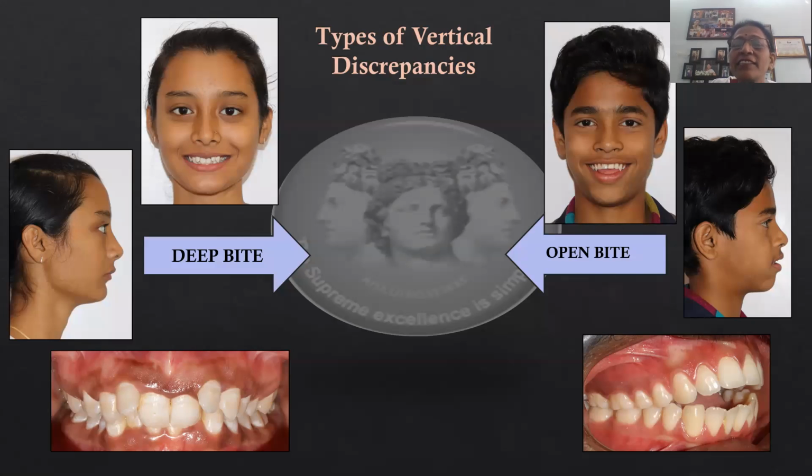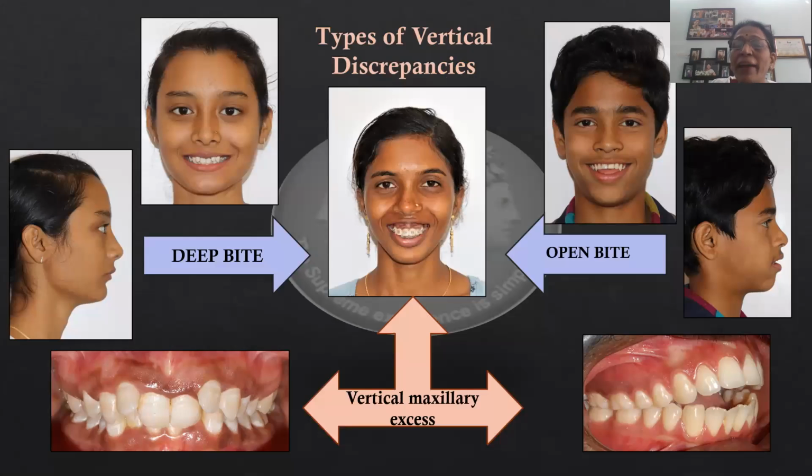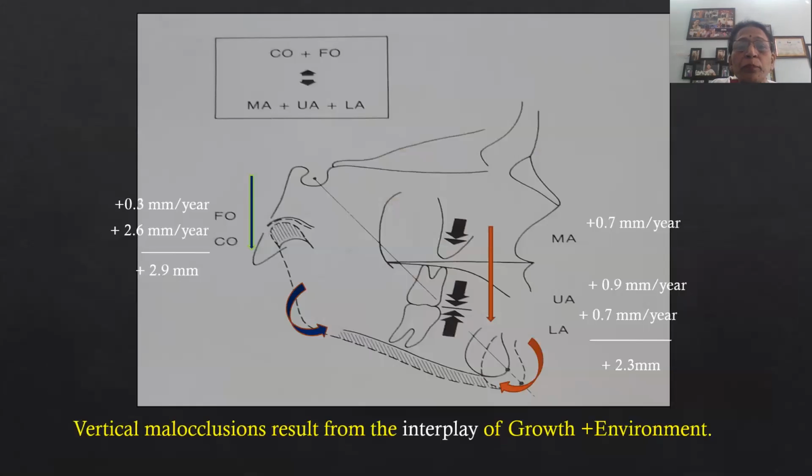When it is a decrease in the vertical discrepancy, you get a hypodivergent mandible, a short lower anterior face height, a long ramus, and a deep bite. Also, you get a vertical maxillary excess where the maxilla is at fault, and the maxilla descends downward, leading to a gummy smile, which could be associated with an open bite or a deep bite.